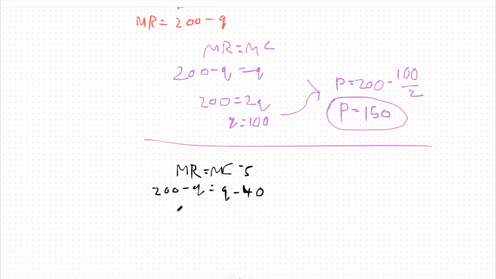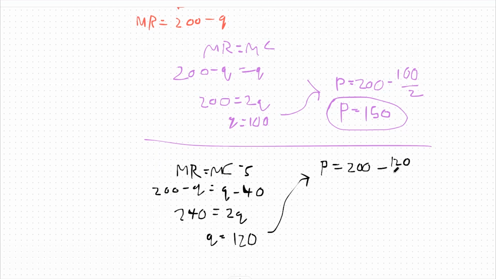Next, we can add 40 to both sides and get 240 is equal to 2Q. So Q, in this case, is equal to 120. We have 20 more quantity than before due to the subsidy. Taking this 120, we can plug back into the same price equation and say now P is equal to 200 minus 120 over 2.